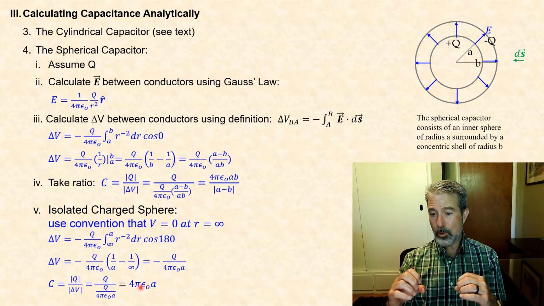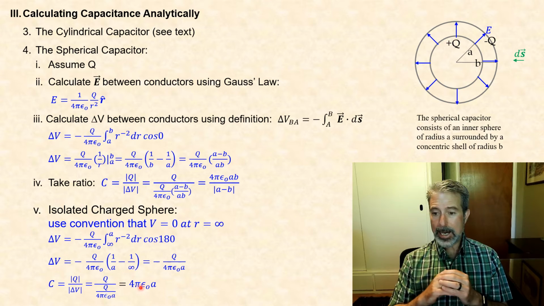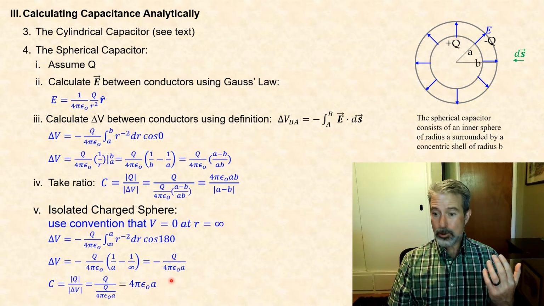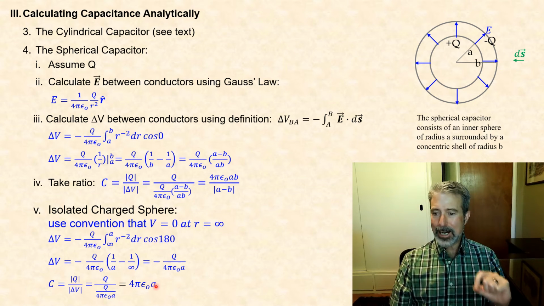One was attached to the torsion wire, one you brought in close to it. But we said that we needed to figure out what the charge was on a conductive sphere. And we said that the charge on the sphere was directly proportional to the voltage of the sphere. And we used a proportionality constant, 4 pi epsilon naught A. Believe it or not, without knowing it at the time, that proportionality constant was simply the capacitance.